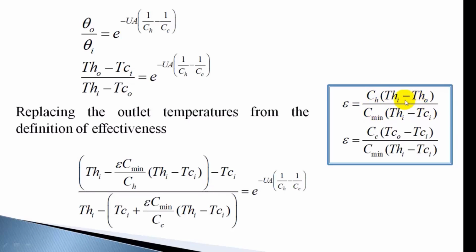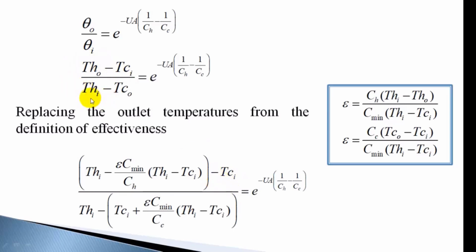I am replacing Th naught from this expression, in terms of inlet temperature of hot fluid, effectiveness and inlet temperature of cold fluid. So Th naught is equal to Thi minus effectiveness into C minimum divided by Ch into Thi minus Tci.